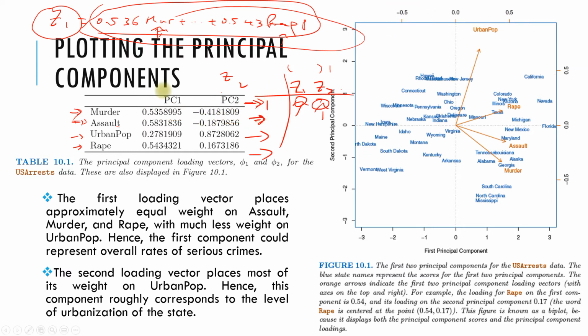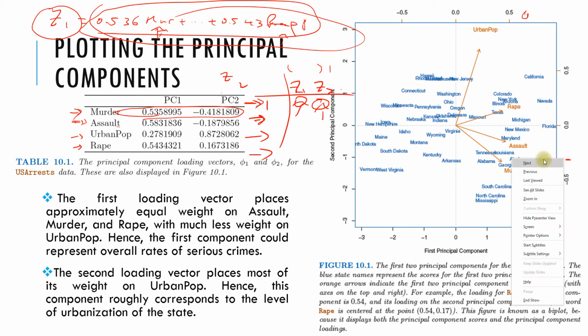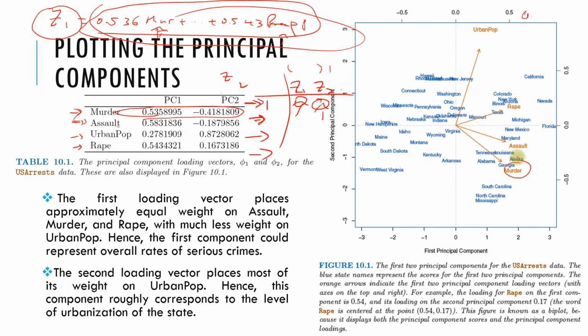On the first principal component, the loading is 0.53, and on the second principal component, the variable murder has a loading of negative 0.418. So you look at 0.53 somewhere here and negative 0.418 somewhere here. Murder is going to be represented at this coordinate. You can do the same thing for assault. Assault will be located here, rape will be located here, and urban population will be located here.